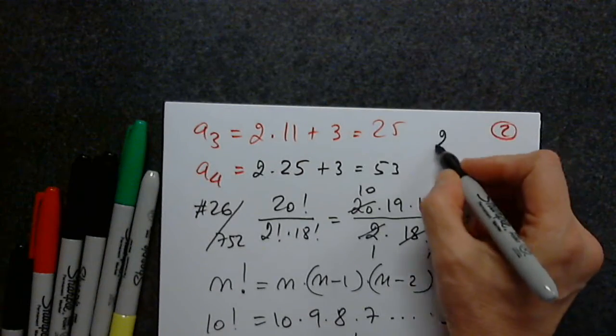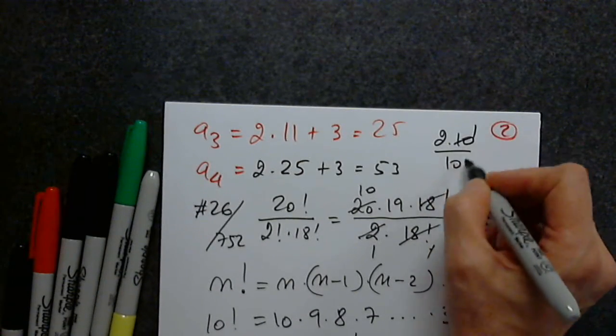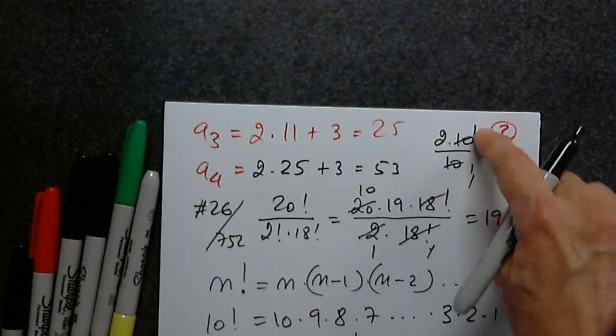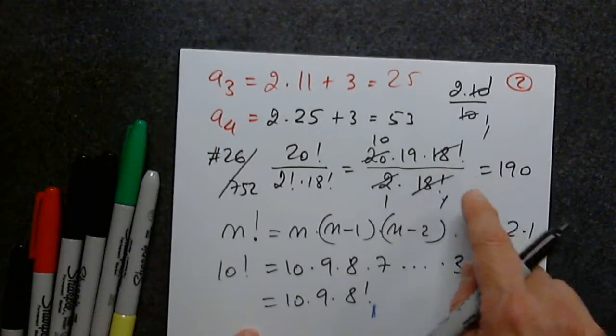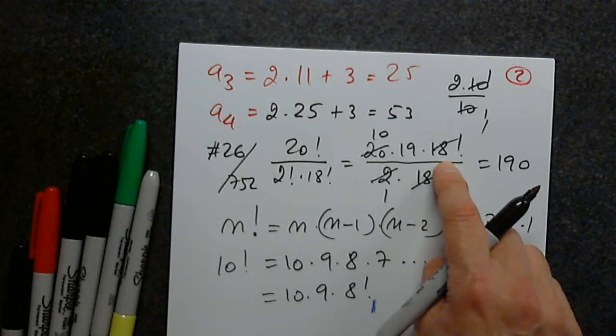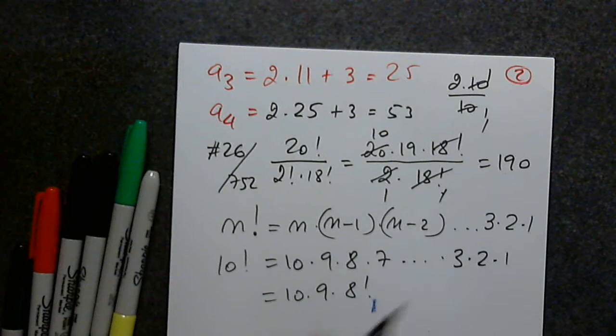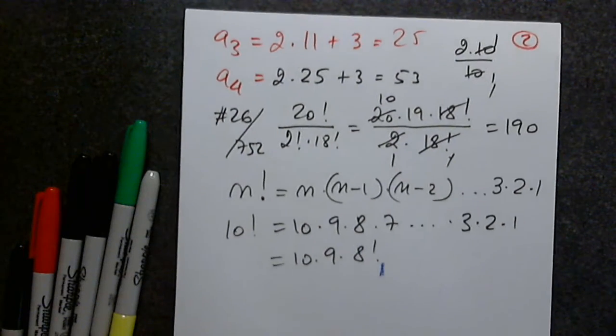It's the same thing with 2 times 10 over 10. As long as these two are the same, I divide by 10 and I get 1. 18 factorial divided by 18 factorial is 1. So we simplify the expression.